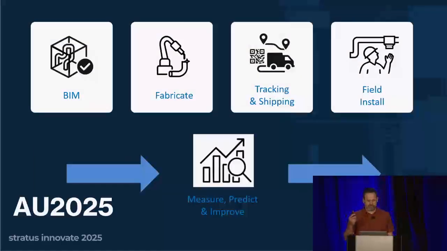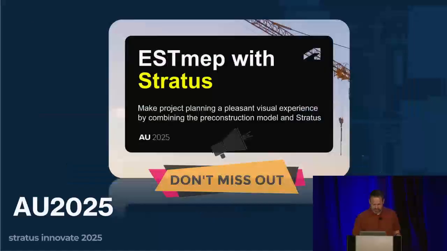Real quick, as a separate side note, Jake presented this slide in his presentation, and notice how it starts with BIM and then goes to fabricate and then tracking. At AU, I'm going to be presenting on using STEMEP with Stratus.